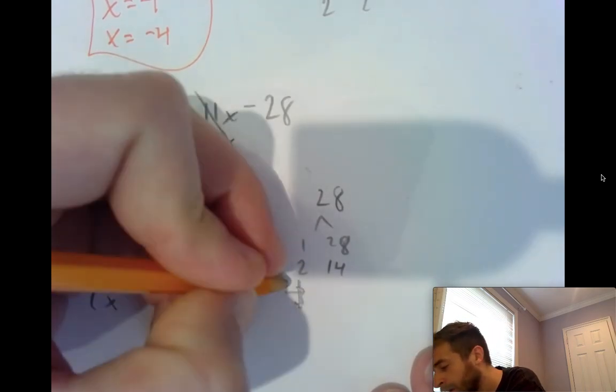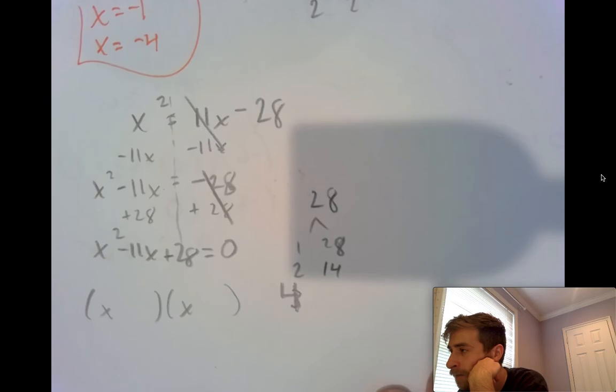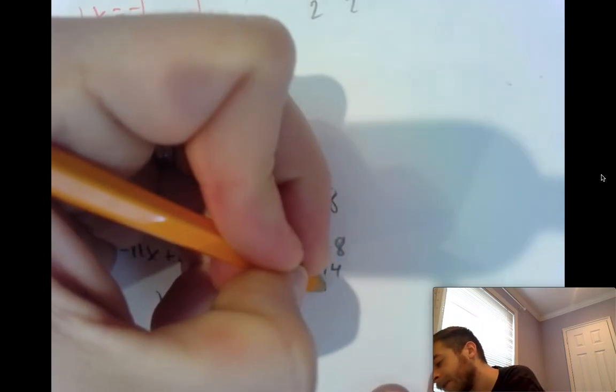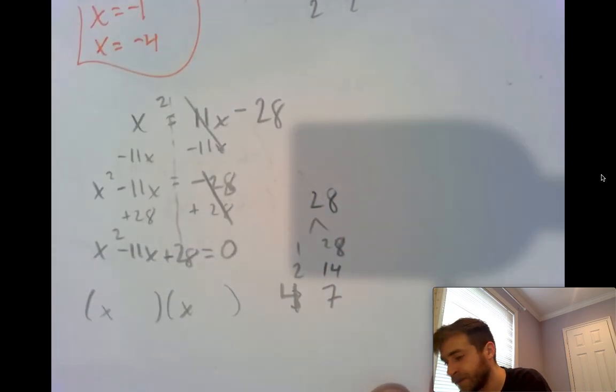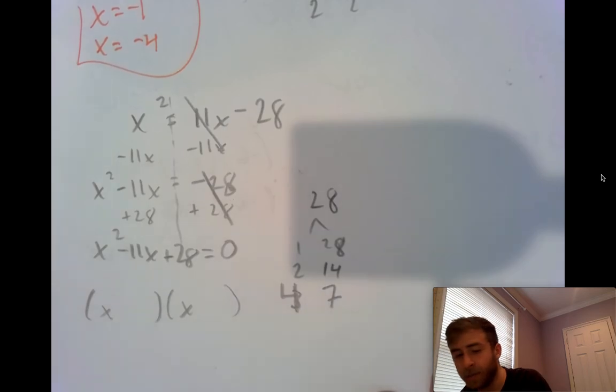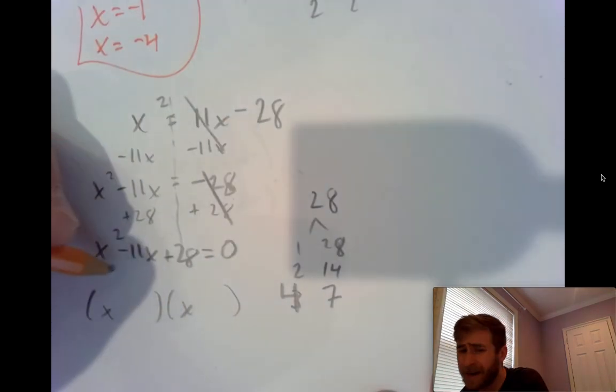It's going to be 4 and 7. Yes, 4 and 7. 5 doesn't work. 6 doesn't work. And then we're up to 7. We're already done.